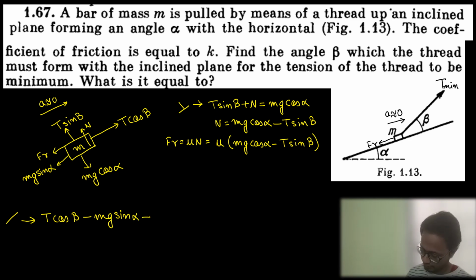What is the value of friction force? Minus mu into (mg cos alpha minus T sin beta) is equal to m into acceleration, where acceleration is nearly equal to 0, so mass into acceleration is equal to 0.